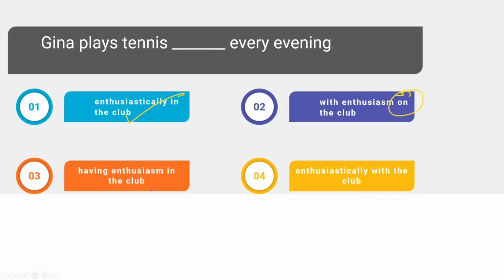Having enthusiasm in the club is a modifier error. Enthusiasm is in the game and not in the club, right? So there is a misplaced modifier, and enthusiastically with the club. Again, the wrong conjunction is used here. So all the options are eliminated. The right one is option one. Okay. And the last question.